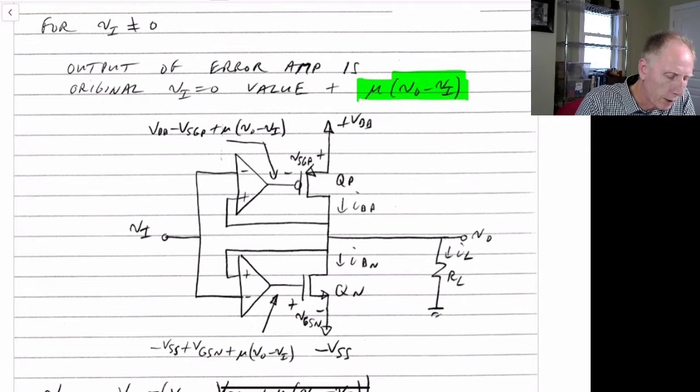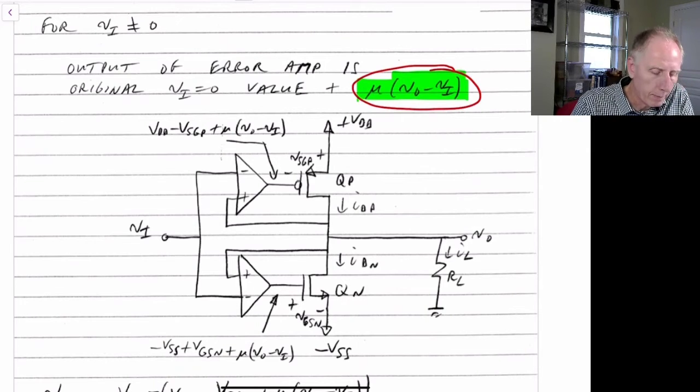The small signal change in this case is mu times V out minus VI. Remember, V out and VI might be slightly different because it's multiplied by the error itself. That becomes the small signal change that we see at this node here.